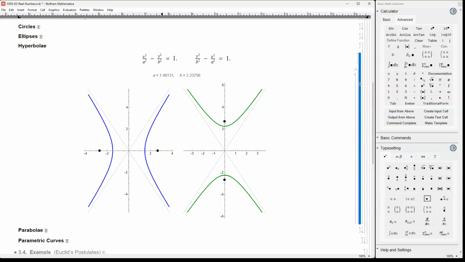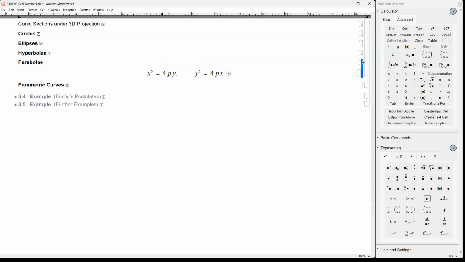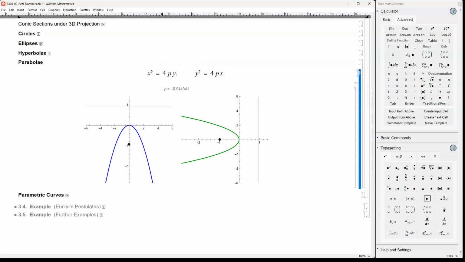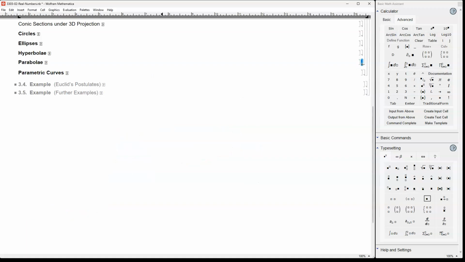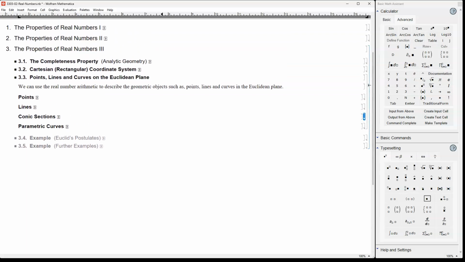And here are some examples of hyperbola, and examples of parabola.